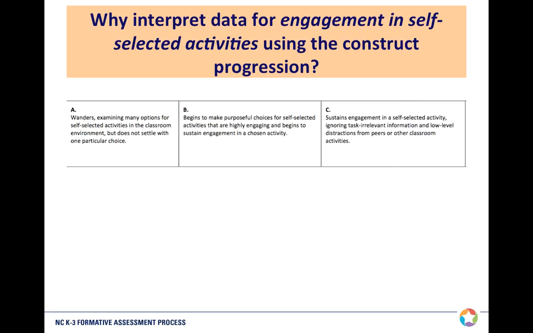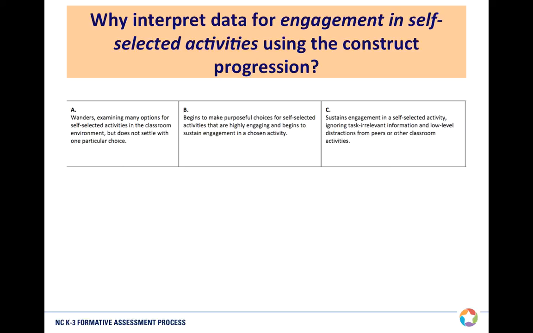This is about self-selected activities. So there may be times when you are providing time for students to select their learning activities. So when they're allowed this free choice for learning activities, are they able to make a purposeful choice?